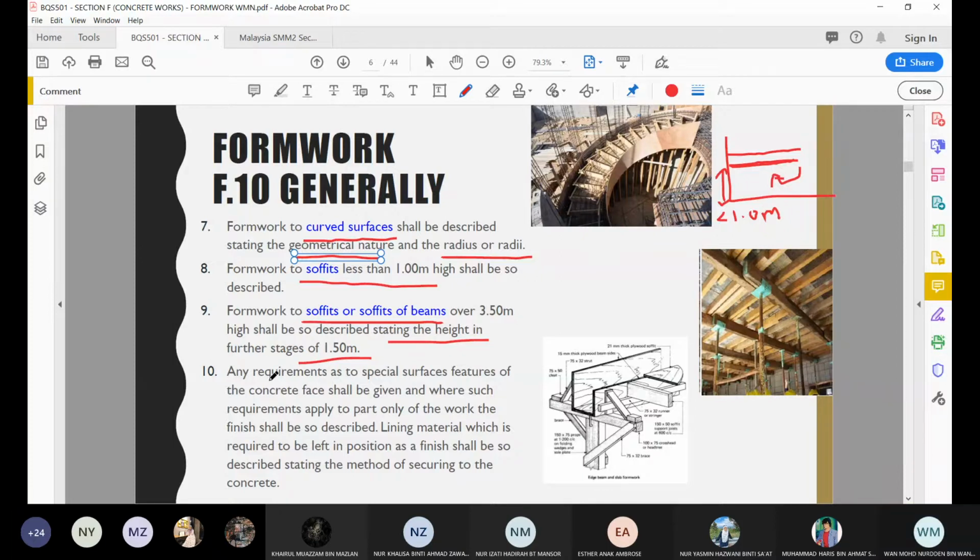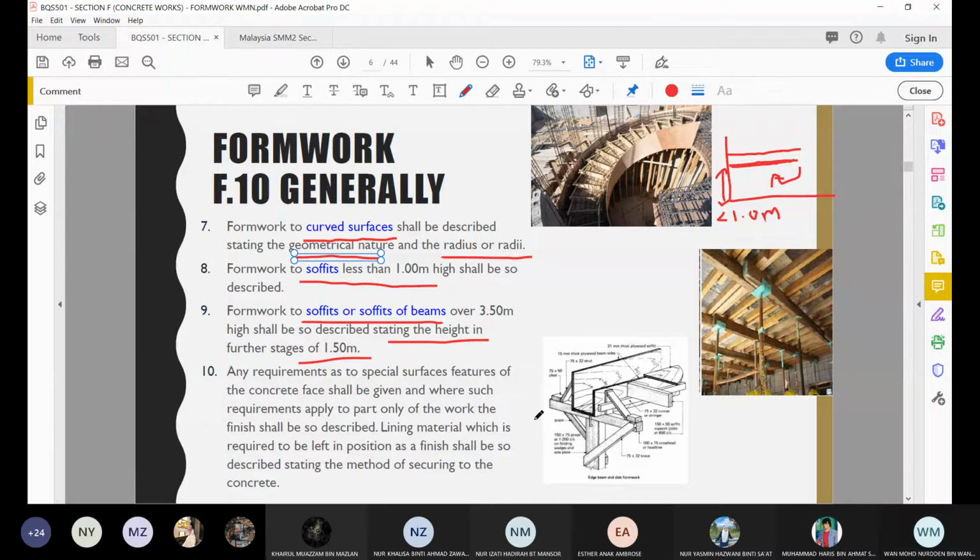Okay. Number 10, any requirement as to special surfaces features of the concrete face shall be given, and where such requirement apply to part only of the work, the finish shall be so described. Okay. Lining material which is required to be left in position as a finish shall be so described stating the method of securing the concrete.